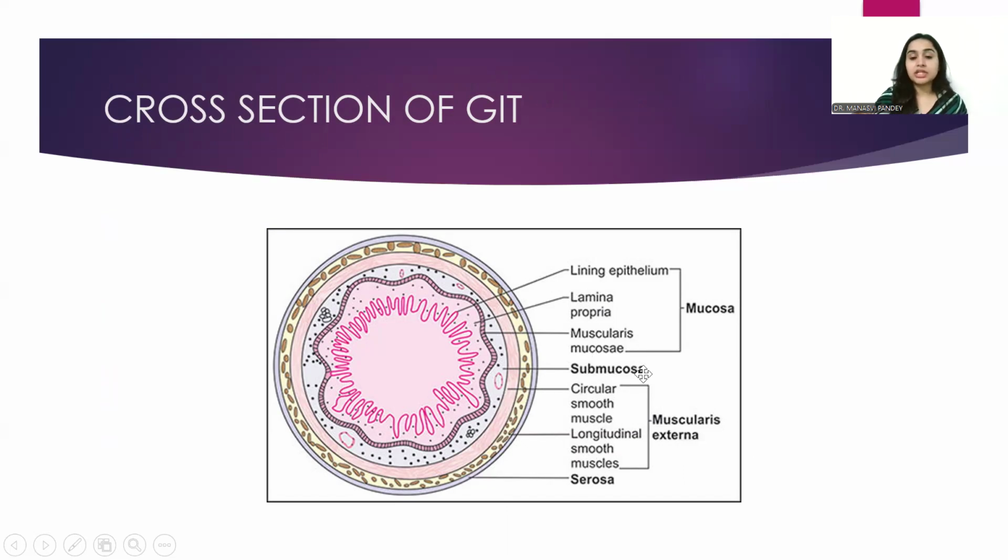Then the submucosal layer is there and the mucosa layer, which comprises muscularis mucosa, lamina propria, and the lining epithelium, which has these finger-like projections known as villi, which help in the forward movement of the food. And inside here, this is the lumen portion.